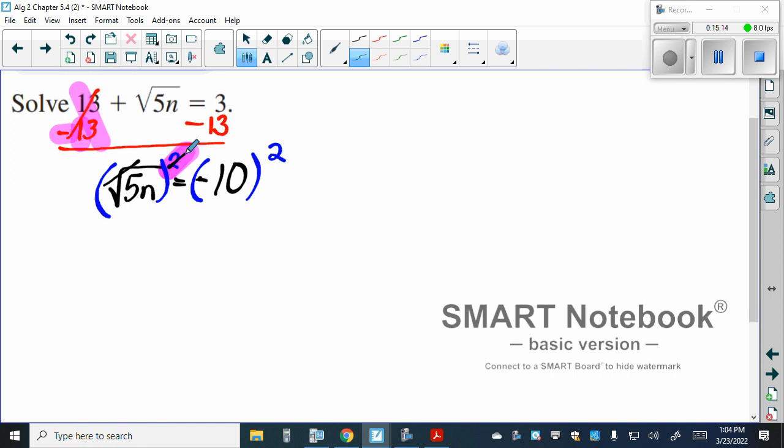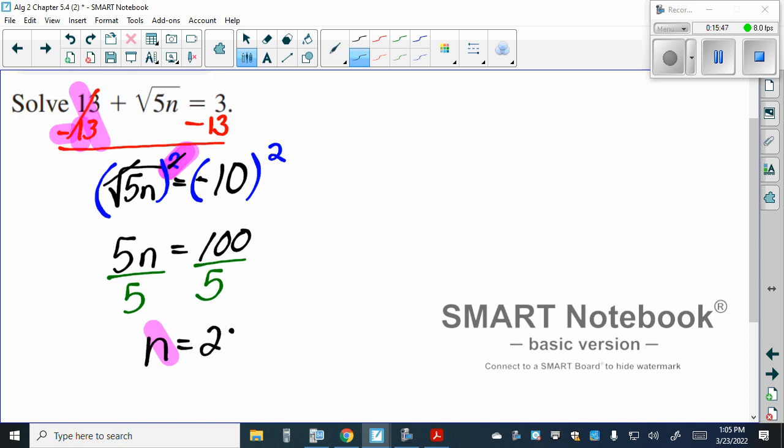So that radical will simplify out, leaving us with 5n is equal to negative 10 squared, which is 100. The negative times a negative would be positive, and 10 times 10 is 100. And last but not least, what do we need to do? We need to divide both sides by 5, telling us that n is equal to 20.